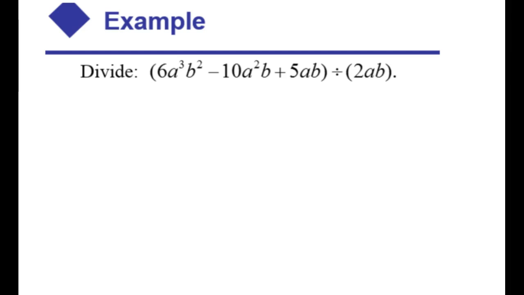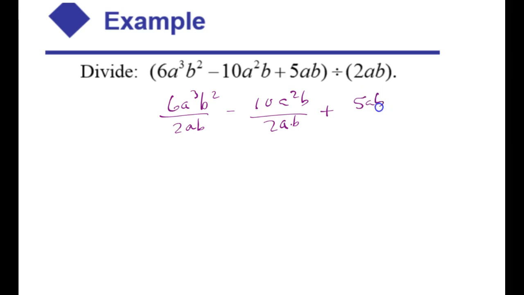So an example of that would be this problem, and literally what's happening here is you're just going to divide each term by the monomial. So I'm going to rewrite this so that you can see that each term is being divided by 2ab. So here we go. 6 divided by 2 is 3.